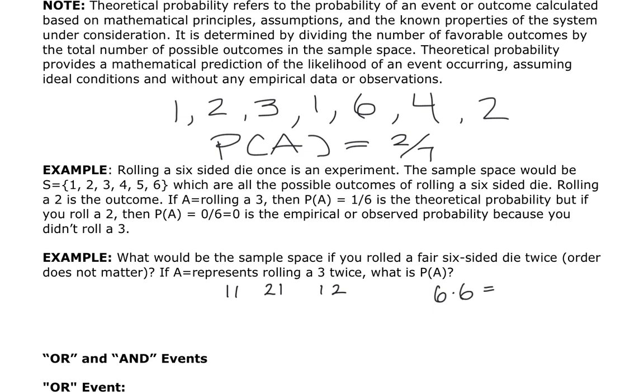And so my sample space would be 36. So if order matters, and I'm rolling a 3 and then a 3, that would be, if I did all of it out, 1 out of 36. So pay attention to whether order matters or order does not matter.